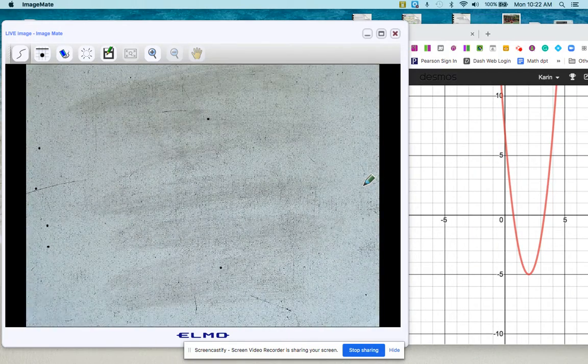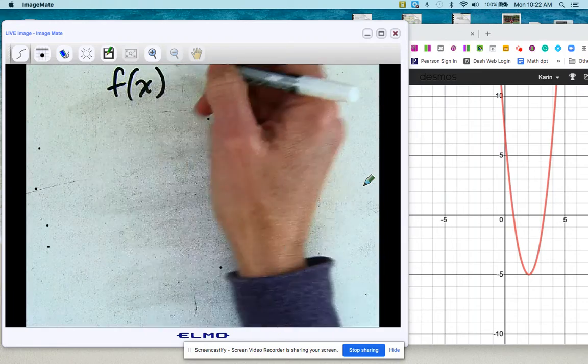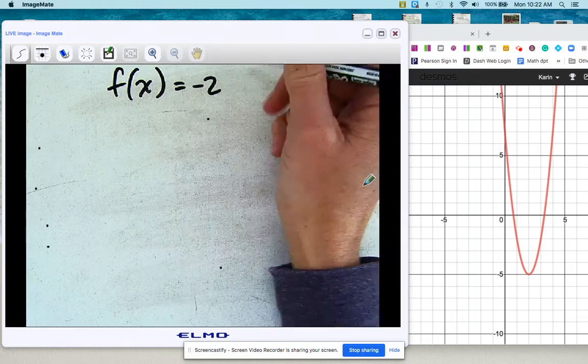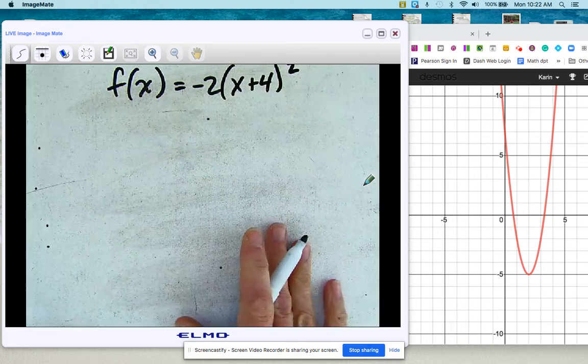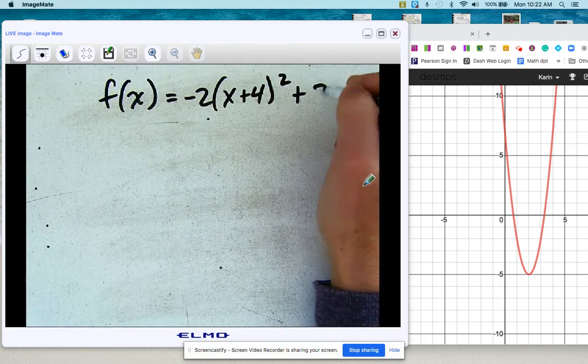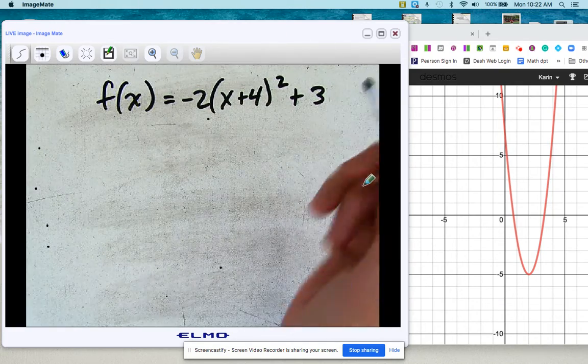Okay, so we've got f of x equals negative 2 times x plus 4 squared plus 3. I'm going to try and convert it from this form to standard form. I'm going to make it look like something times x squared plus some number times x plus a constant term.